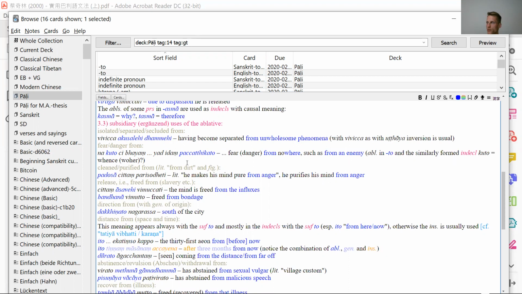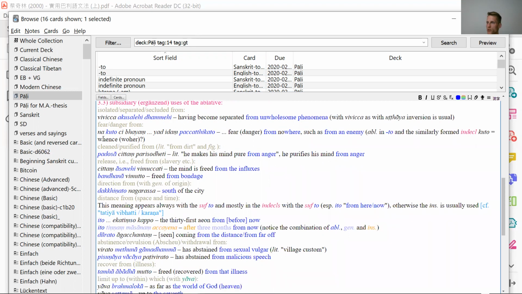Fear or danger from: na kutocid bhayaṃ, fear from nowhere; yadidaṃ paccatthikato, such as from an enemy.